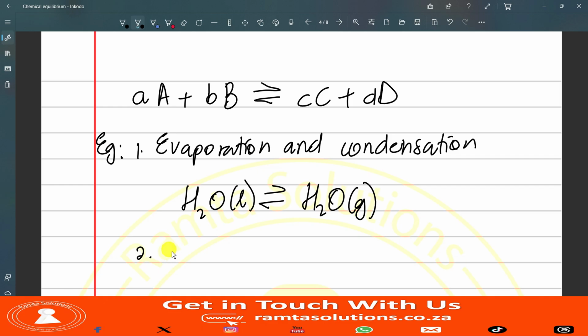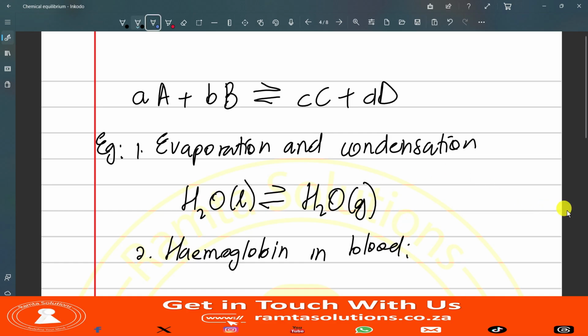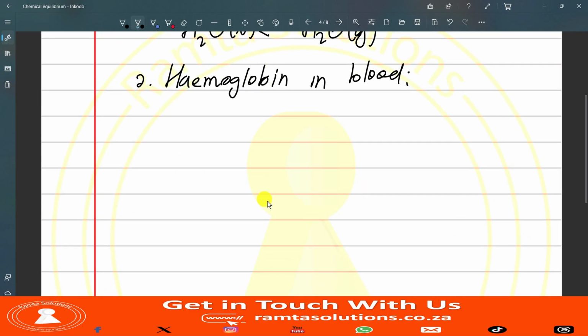I also gave you hemoglobin in blood. So hemoglobin in blood reacts with oxygen. Let's say hemoglobin, Hb, aqueous phase, plus oxygen gas.